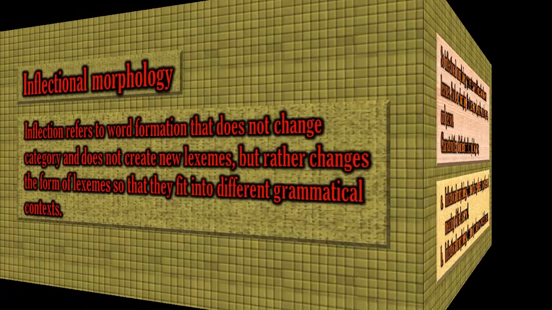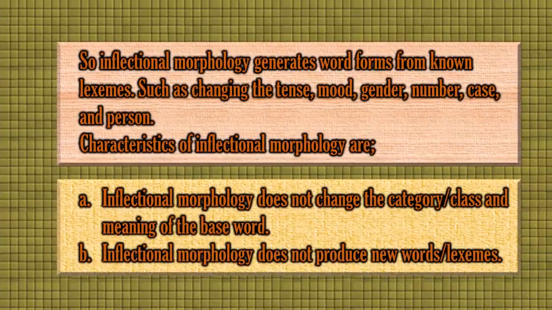So, inflectional morphology generates word forms from lexemes, such as by changing the tense, mood, gender, number, case, and person, etc.